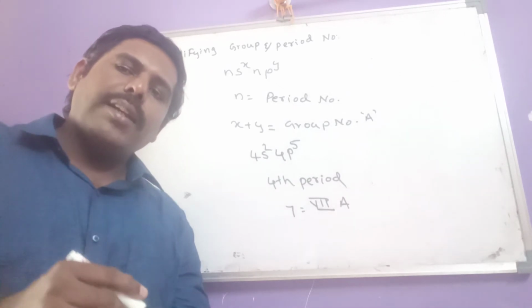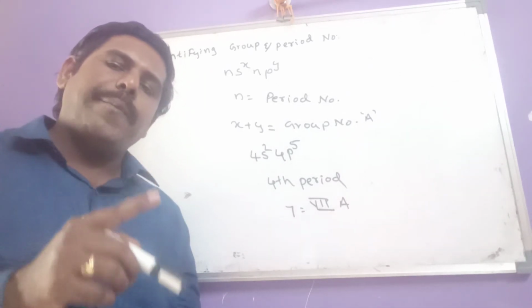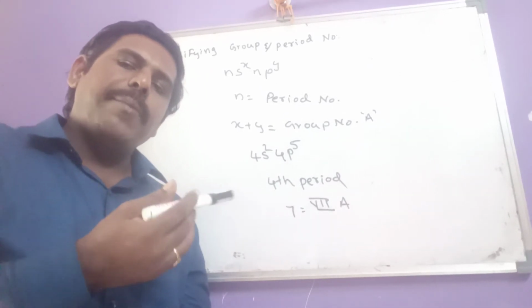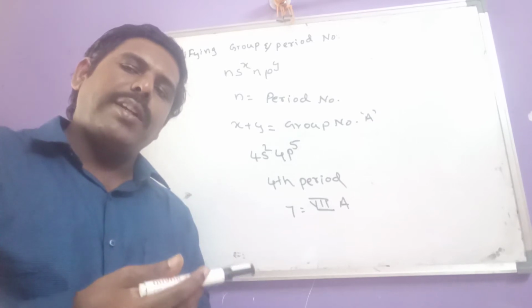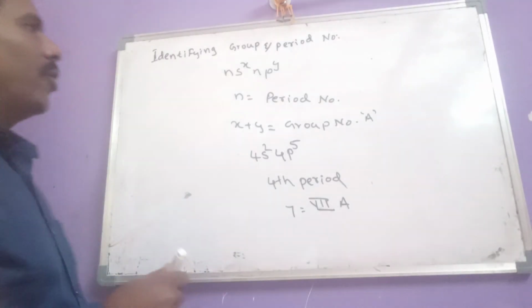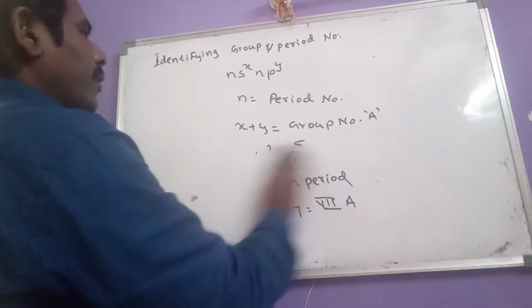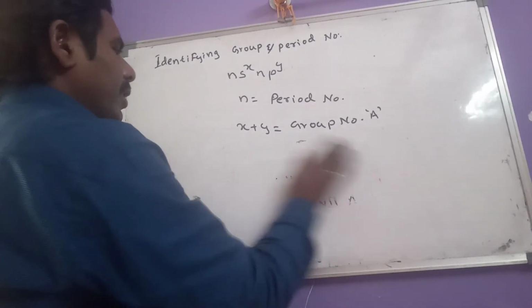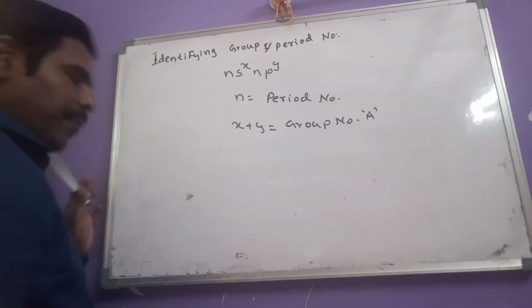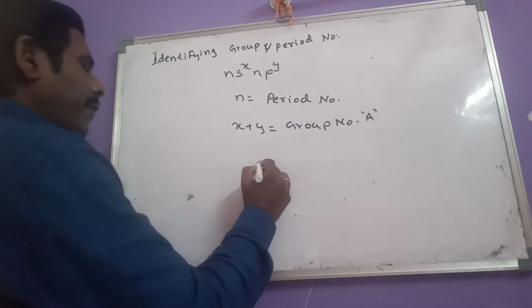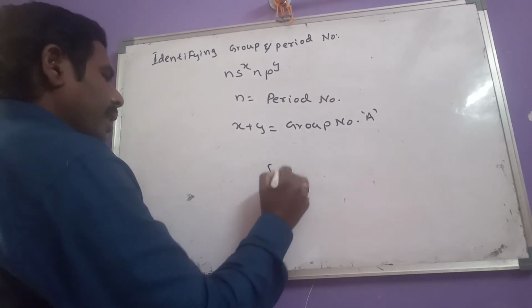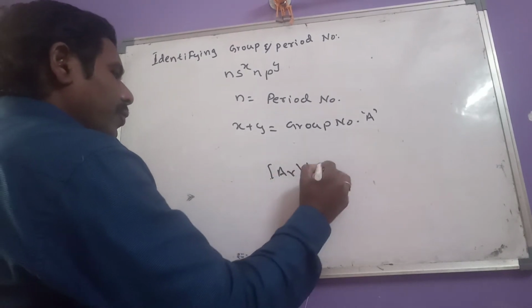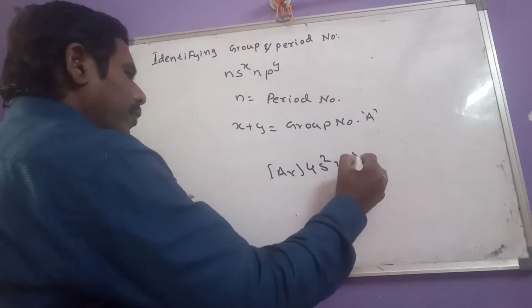If in the outer configuration a d subshell is there, that element belongs to B category. Let us see one example for that. For example, one element is having the configuration argon 4s2 3d5.